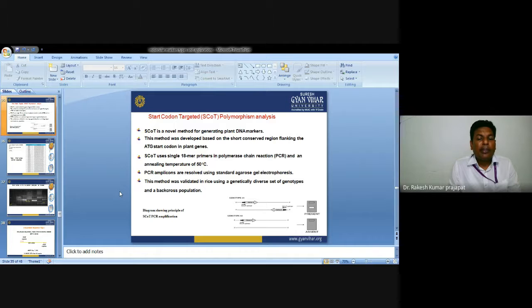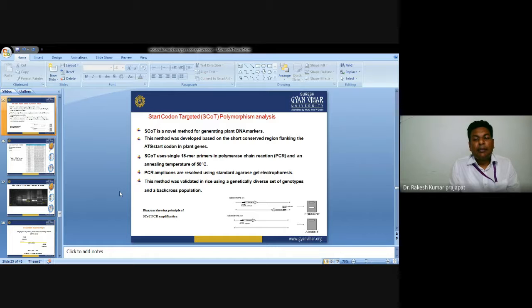SCoT is a novel method for generating plant DNA markers. This method was developed based on the short conserved region which flanks the ATG start codon of plants.